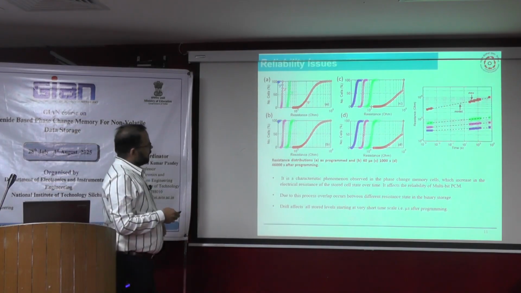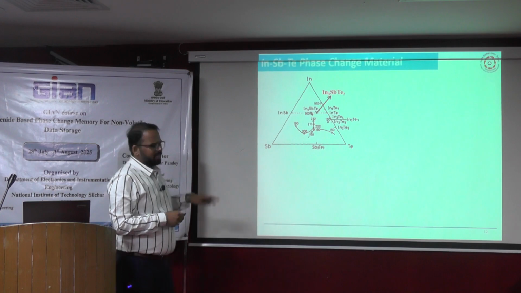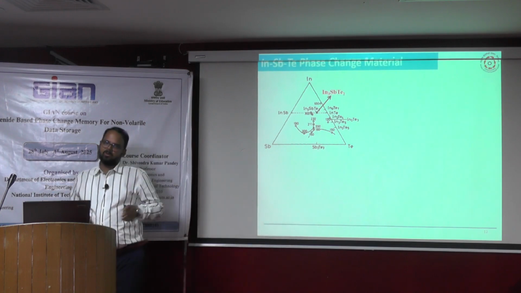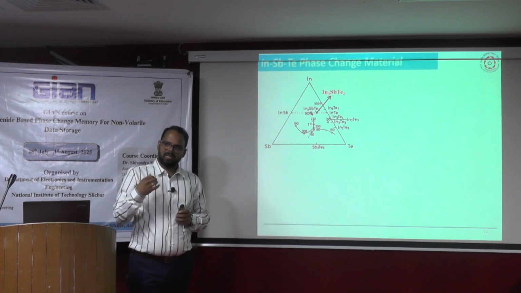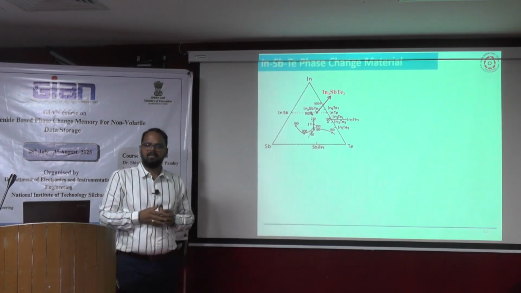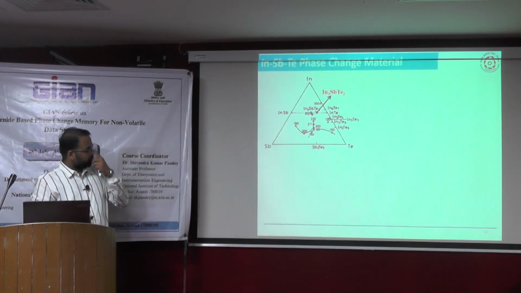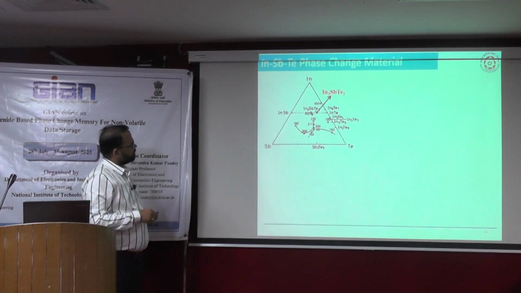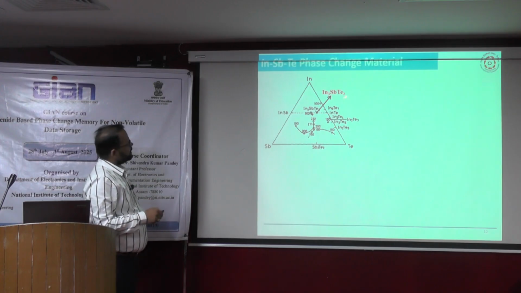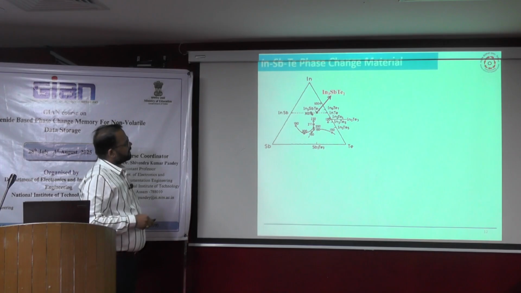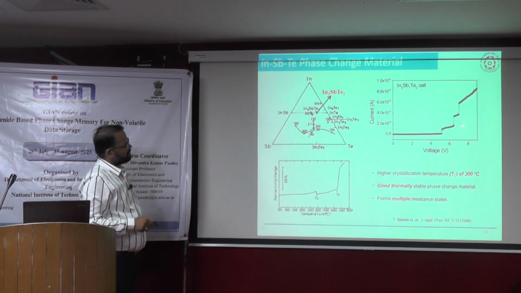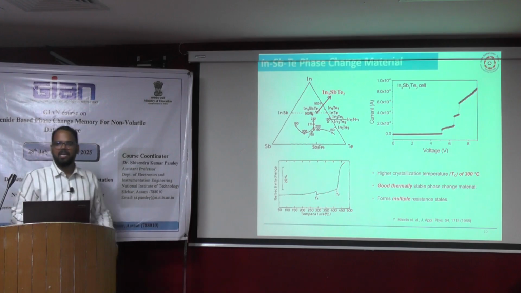Okay. Now, in this particular work, as I told you, first you need to identify a material, and then you need to get the state of it. This material, the IST material, was reported long back, in 1988, for optical applications. It was showing this multi-resistance state, which I studied earlier.